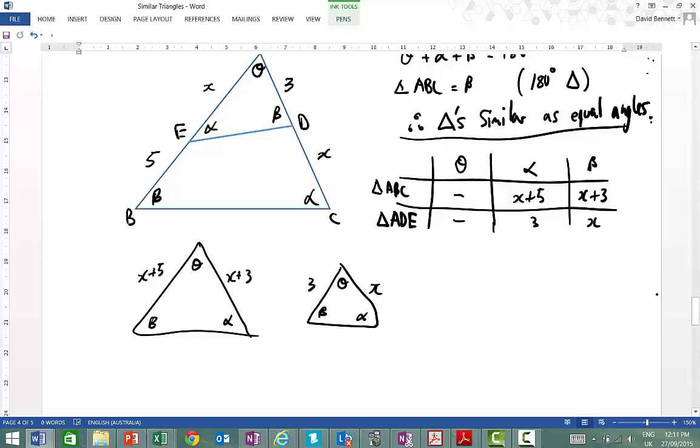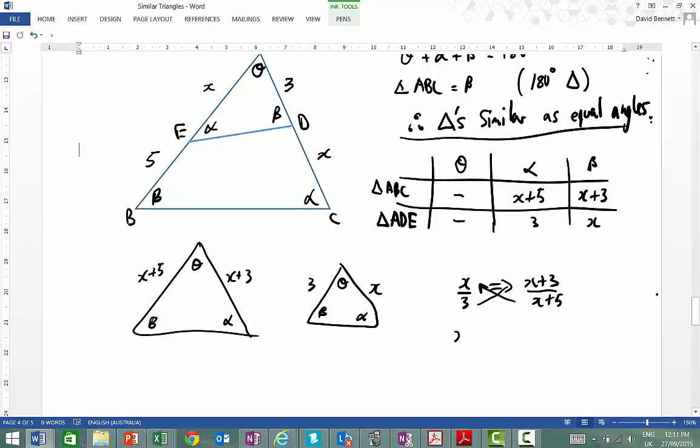So we put our unknown. Let's do x to 3 is the same as, that's already over there, x plus 3 to x plus 5. Now we're going to cross multiply. I'm going to bring that up there and that up over there.